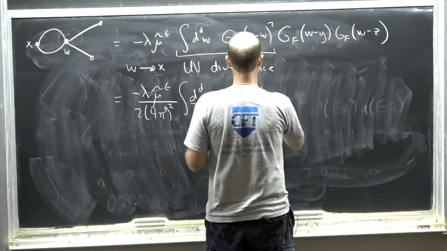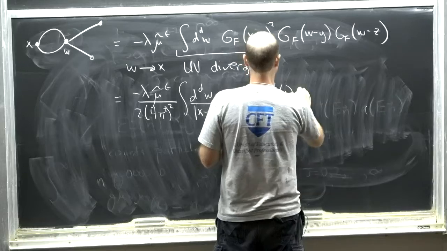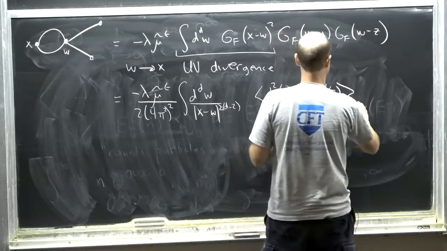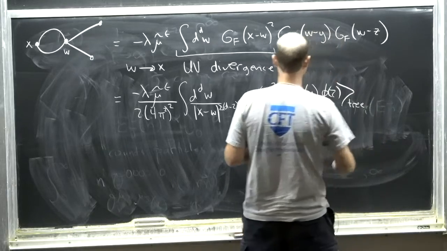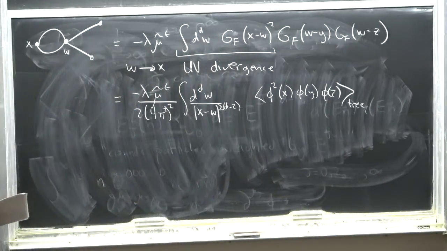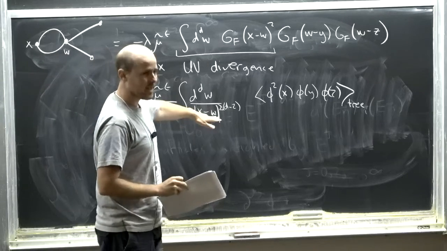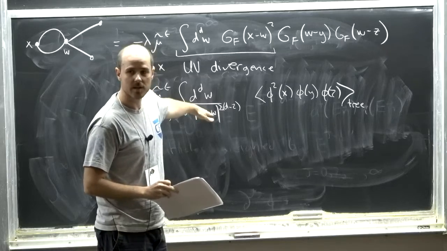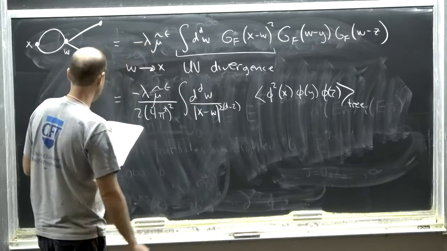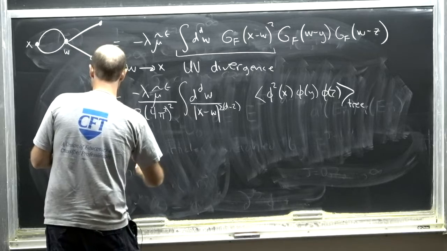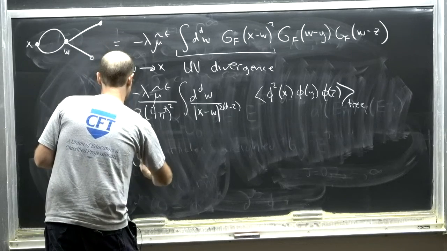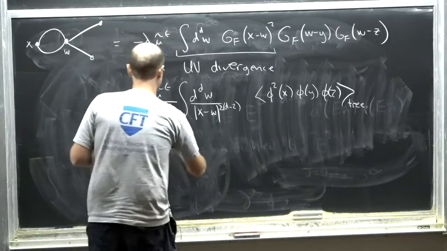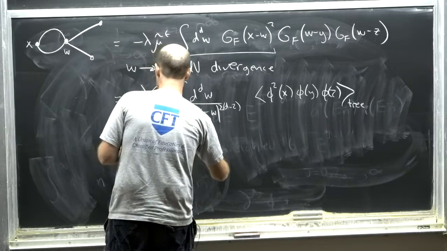So we can write it like this: phi squared of x, phi of y, phi of z, tree. Okay? And then for this integral, we want to pick out the UV divergence coming from w near x. So we go to radial coordinates around x and do the integral. And I'll leave that as an exercise. And the result is that the divergence looks like lambda over 4 pi squared, 1 over epsilon, times the tree level 3-point function.